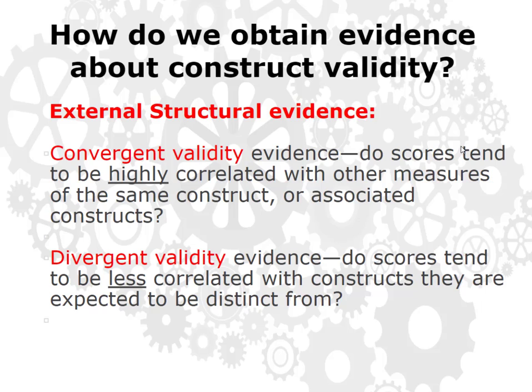We can have convergent validity, in which the scores of the test you created to measure the construct are more highly correlated with another known test that does measure that construct. And we can have divergent validity, where the scores on your exam, on your instrument, are less correlated with tests or instruments that are designed to measure other constructs.